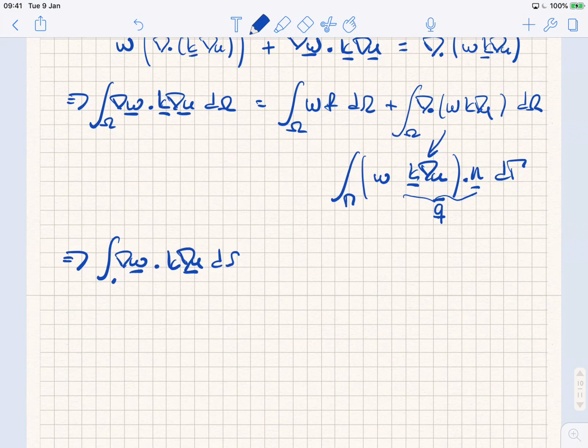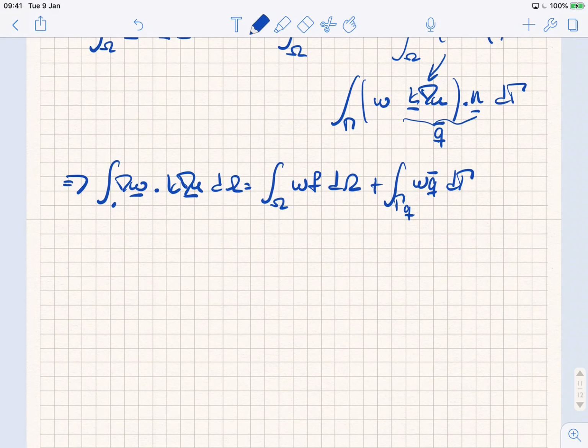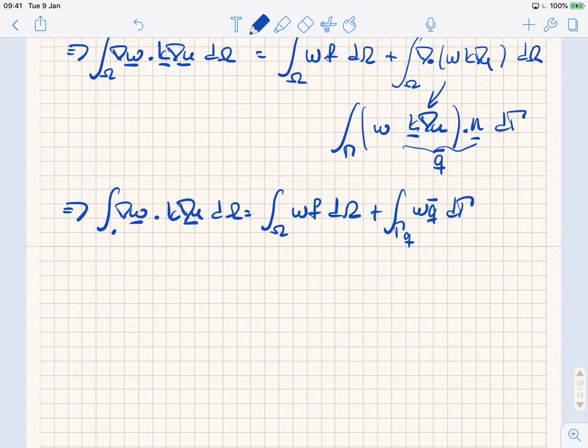grad U is equal to the same plus, in the case that you have only a flux boundary condition. And if you don't have a flux boundary condition, then that Q has to be replaced by the two components that define the Robin boundary condition, and then you would have another expression.